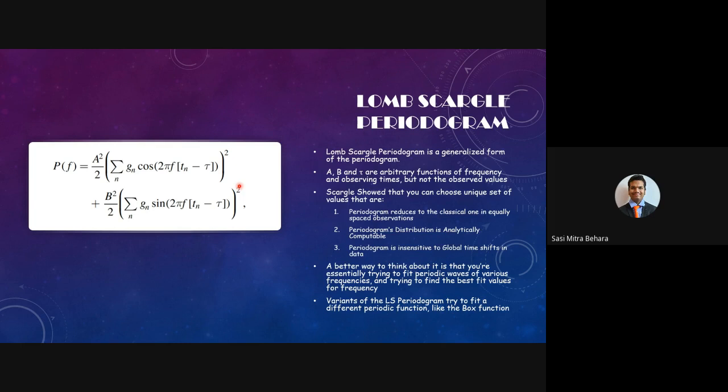A better way to think about this is that you're essentially trying to fit periodic waves of various frequencies, finding the best fit values for those frequencies, and then getting their power. That's another way to derive the Lomb-Scargle periodogram.